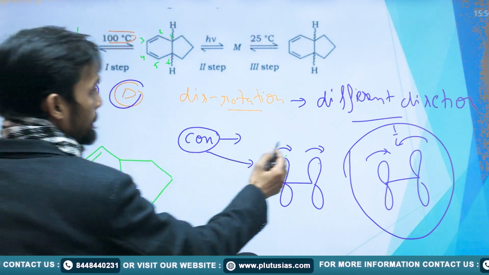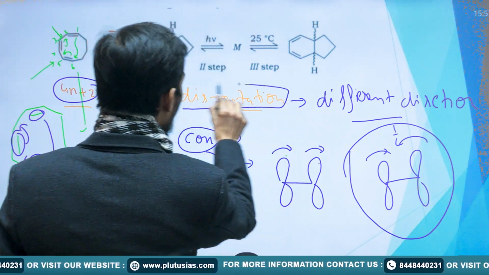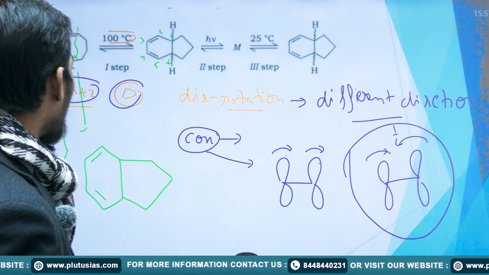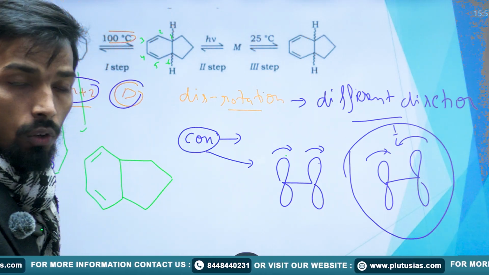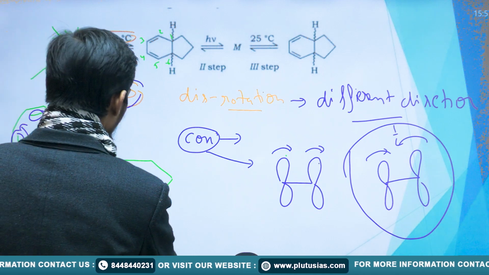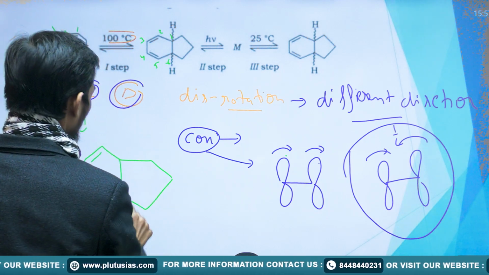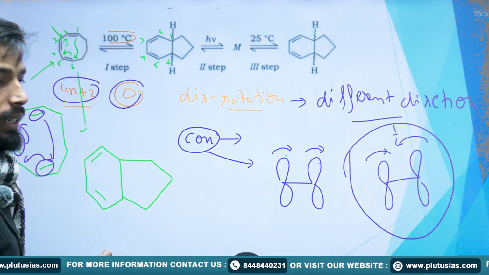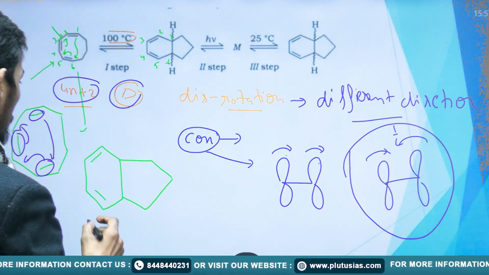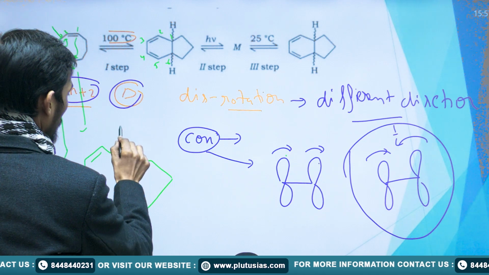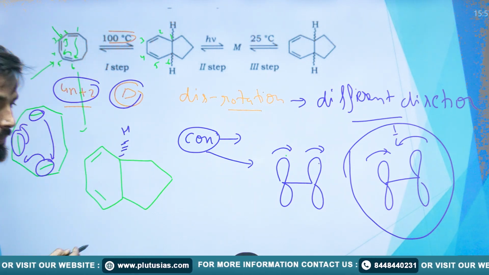So this rotation of p orbitals is going to take place in the different direction, which means these hydrogens or any groups are going to be in a symmetry like this.